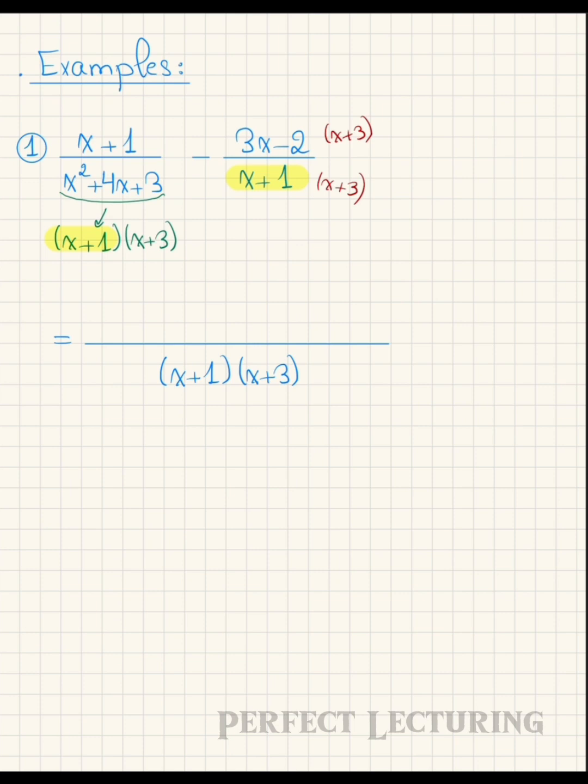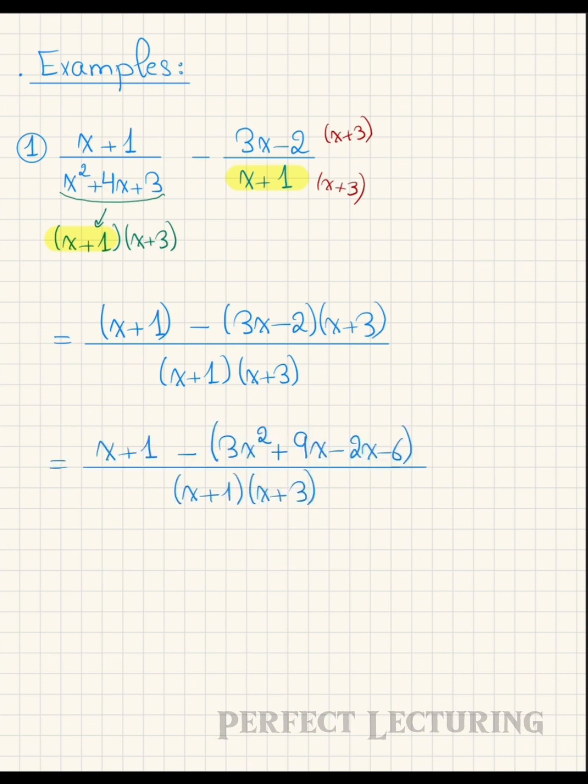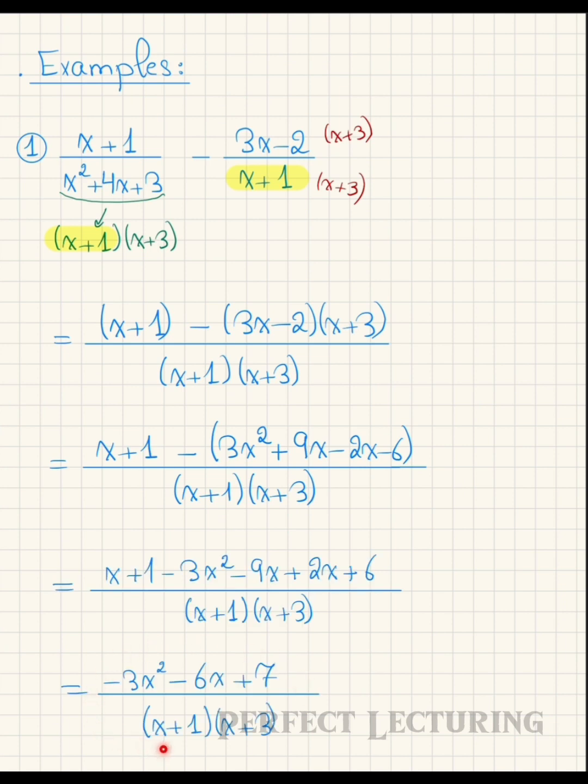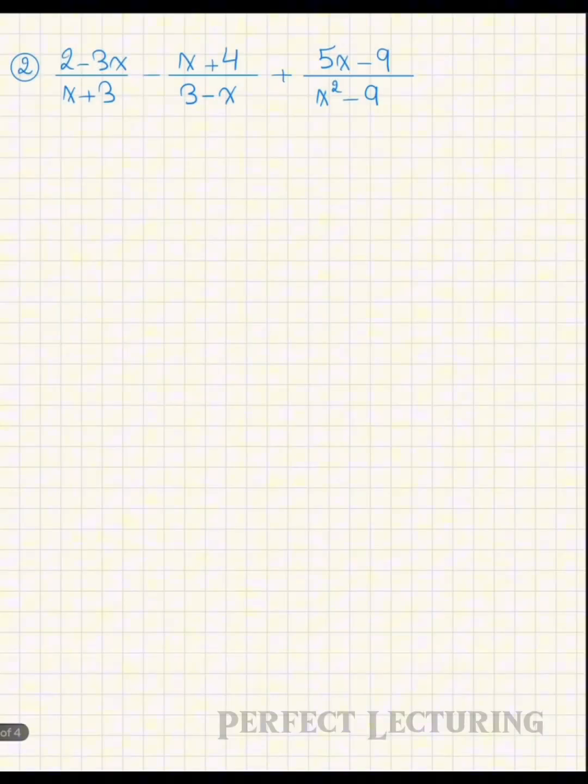So the fraction becomes x plus 1 minus 3x minus 2 into x plus 3. And all we have to do now is just simplify the numerator. And the final answer is minus 3x squared minus 6x plus 7 over x plus 1 multiplied by x plus 3. Let's do the second example.